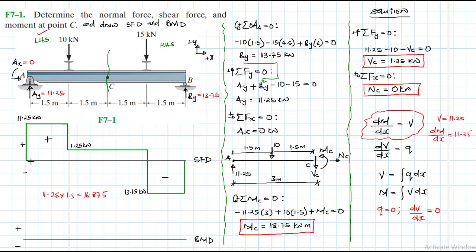And then we need to consider the boundaries at A. We know this is a hinge, and a hinge does not resist any moment. And we don't have any applied couple moment at A. Therefore, we expect the moment to be 0 at A, and it will have a positive constant slope.